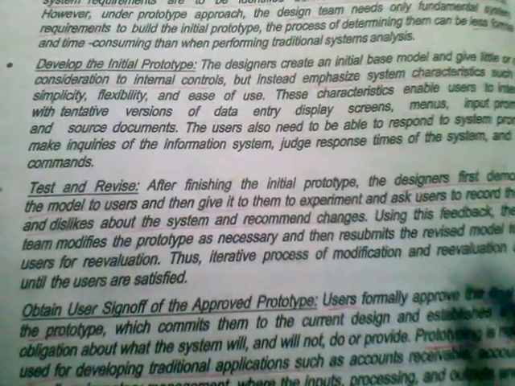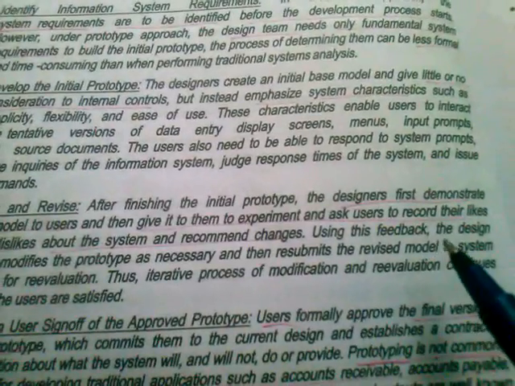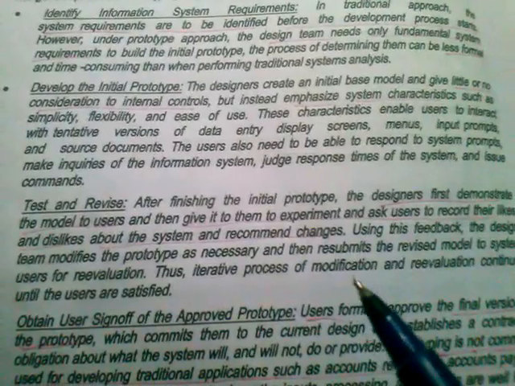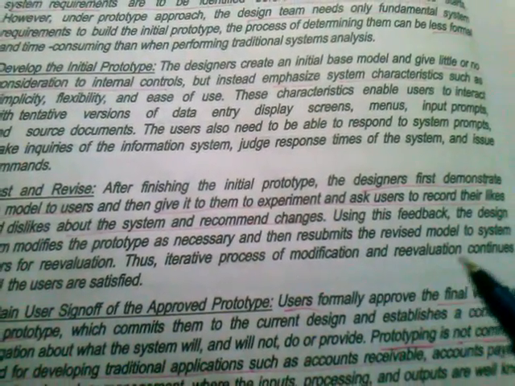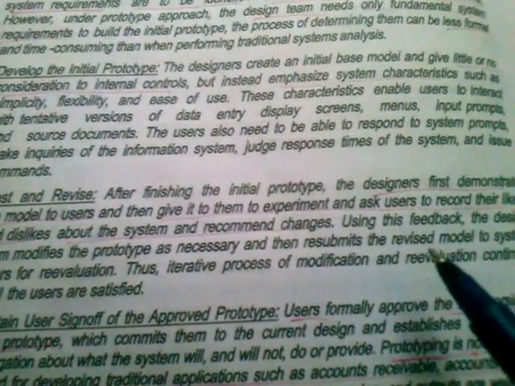Test and revise. After finishing the initial prototype, the designers first demonstrate the model to the users and then give it to them to experiment with, and ask users to record their likes and dislikes about the system and recommend changes.